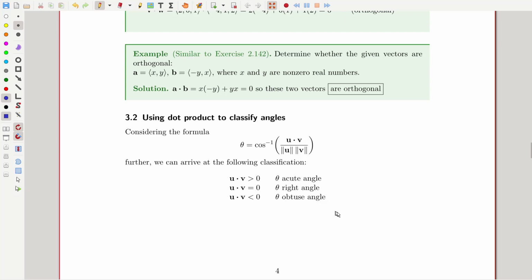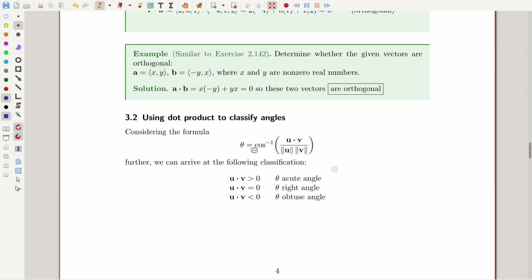And you can really see that by considering the following formula for the angle. In this expression, you'll notice that the magnitudes in the denominator are always positive, so we can basically ignore that. The sign of the argument inside only depends on the dot product of the two vectors.